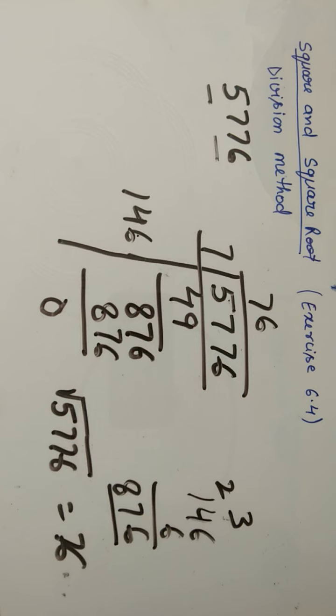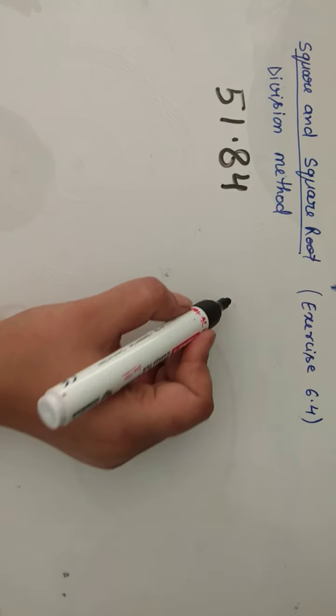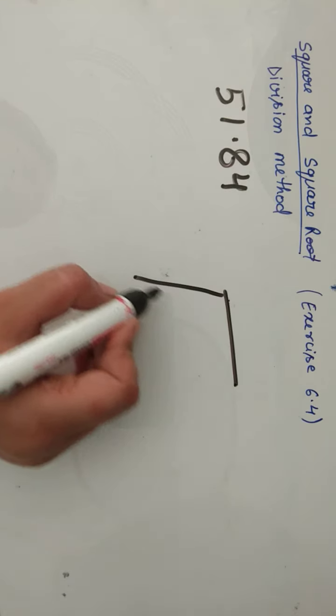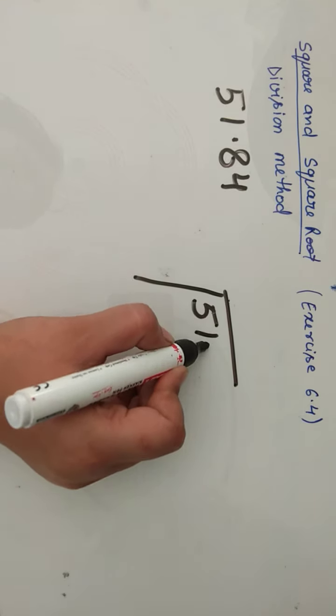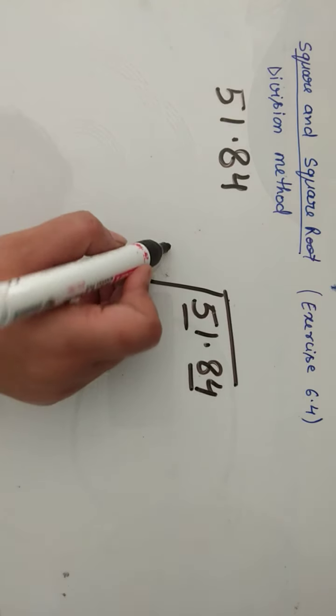Okay. Now there are some questions in which a decimal sign is there. You have to find the square root with the decimal sign. So now see, whenever we have a number with a decimal sign, how do we find the square root? We have the number 51.84, and we will find its square root. The same pairs we will make.